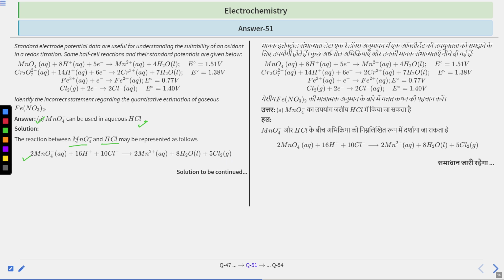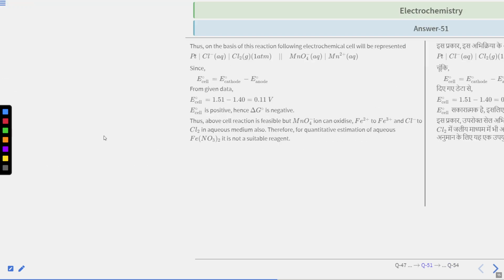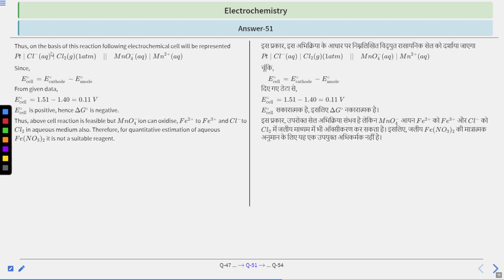This is the reaction between MnO4⁻ and HCl. Now, on the basis of this reaction, the following electrochemical cell will be represented: Pt | Cl⁻ | Cl2 || MnO4⁻ | Mn²⁺.